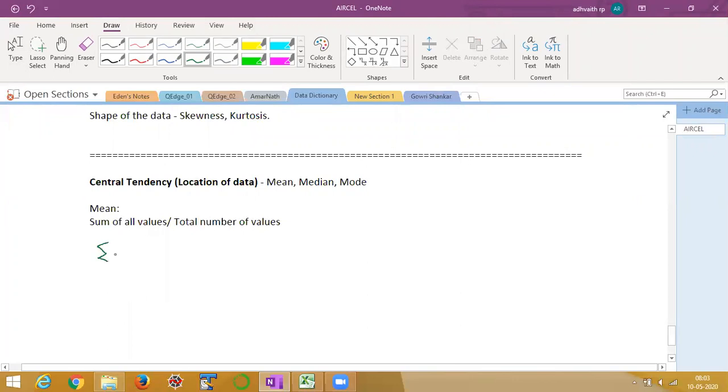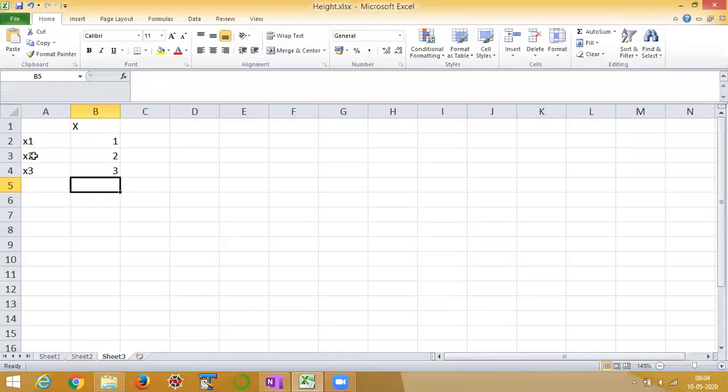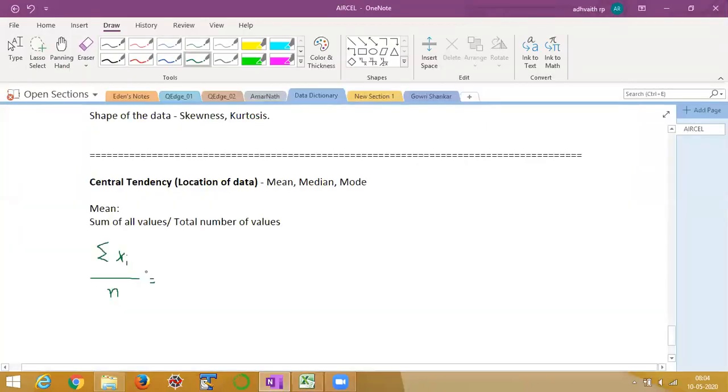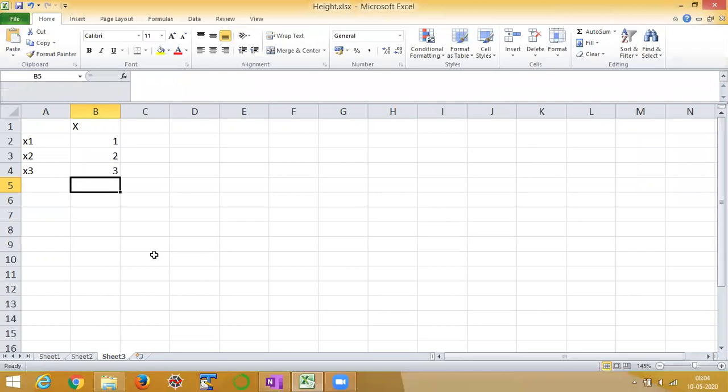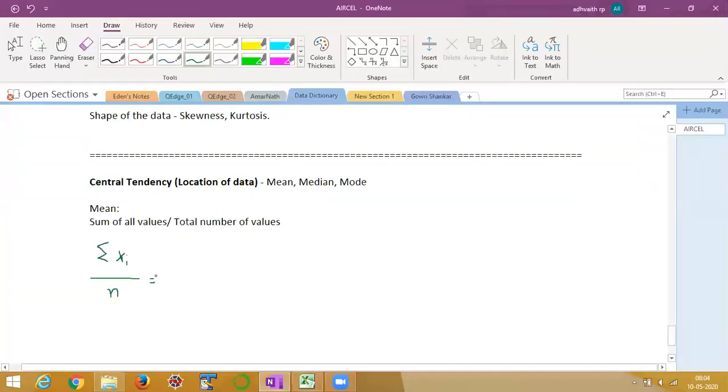Sum of all values is written as summation of xi, divided by the total number of values. Here i is equal to 1, 2, 3, the sum of values of xi. So this is our formula, the general average formula.